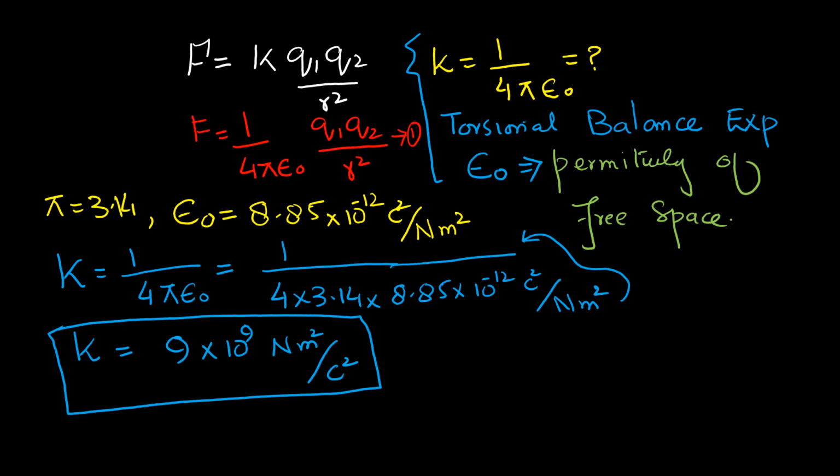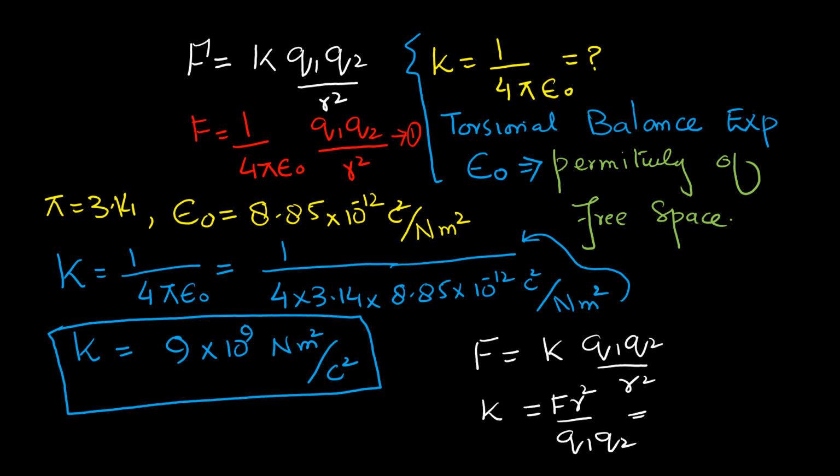So now, dear student, we can also easily calculate the unit of Coulomb constant. Since you know that the force between 2 point charges is F is equal to K Q1 Q2 divided by R square, K will become force into R square divided by Q1 Q2.